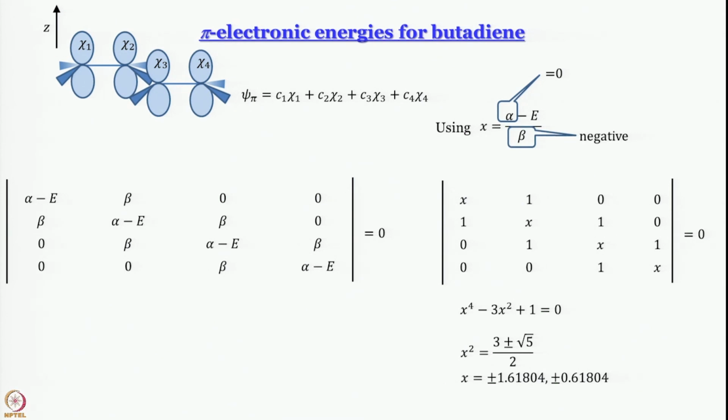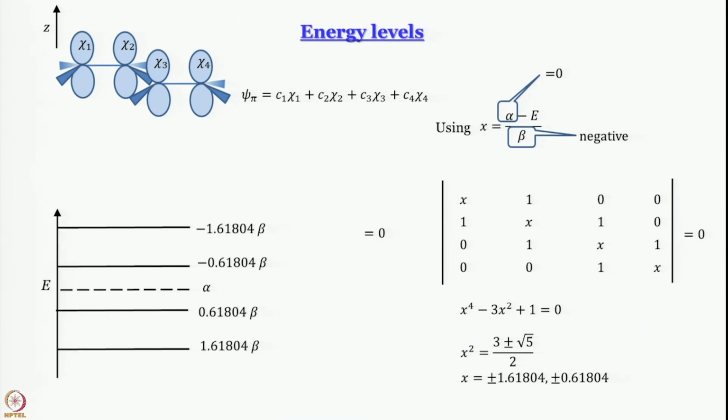Now, put in the values and this is what you will get. You get these energy levels, not to forget that beta is negative. So, the lowest one is 1.61804 beta, followed by 0.61804 beta, minus 0.61804 beta, minus 1.61804 beta, and the barycenter is at alpha. So, measurements are with respect to alpha.